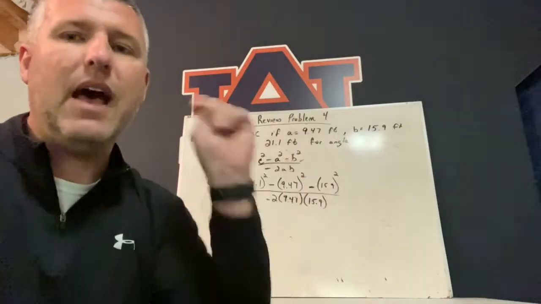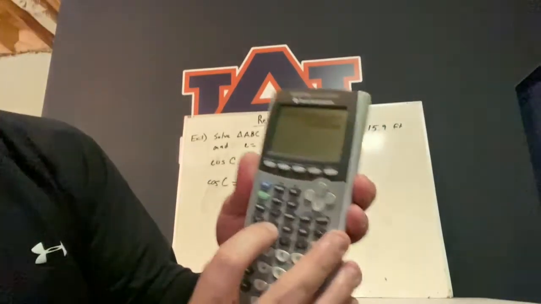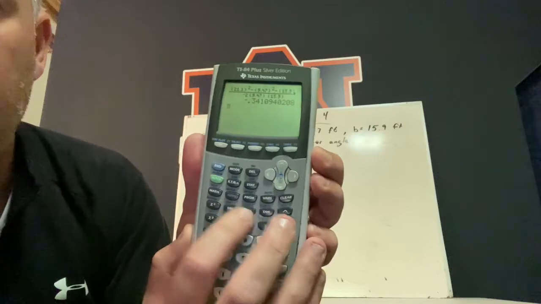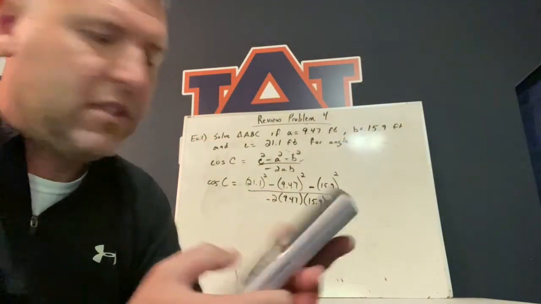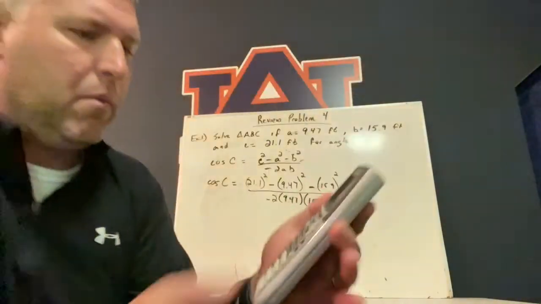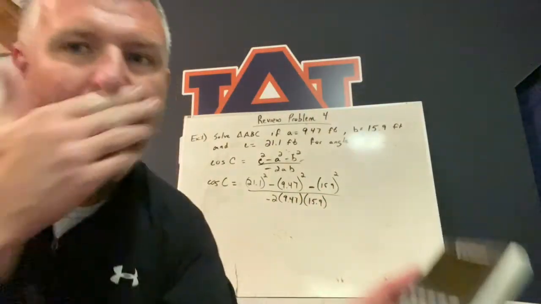To find angles, remember, we'll use the buttons above cosine. So I'm going to go second cosine. Now I'm going to copy and paste that in there. You can estimate it.